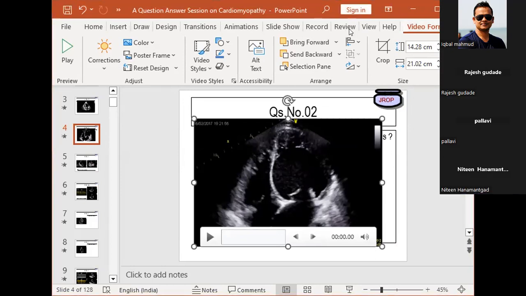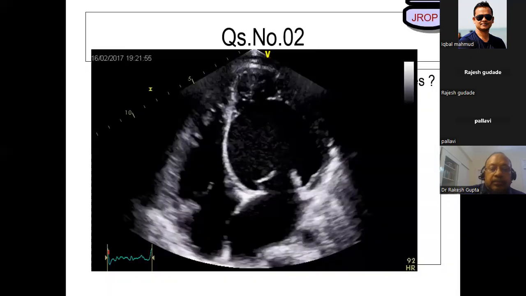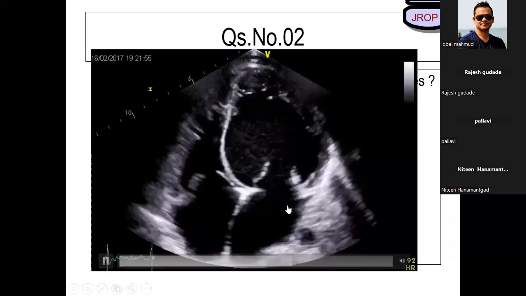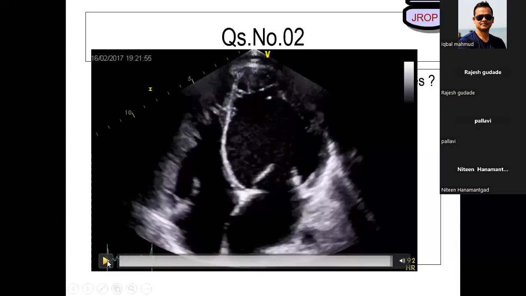So the LV apex looks spongy. I'm not sure, sir. All right. I've zoomed up for you, Sanika. So there is a clot at LV apical level. There is no clot. Sorry.